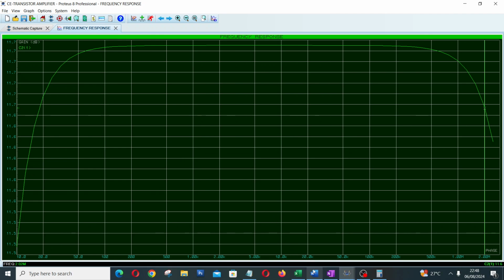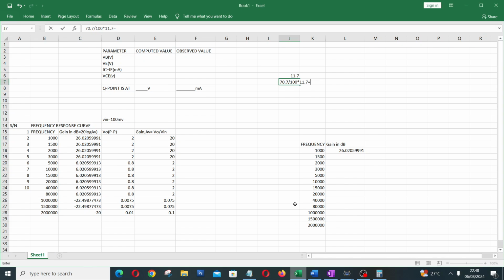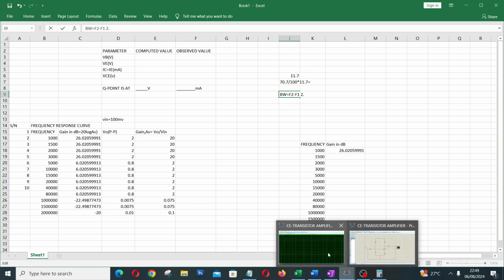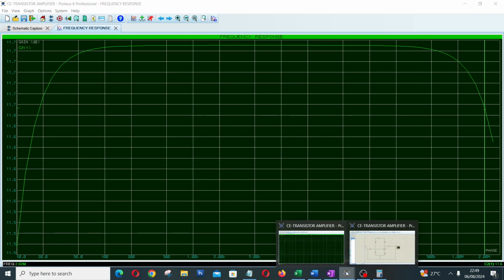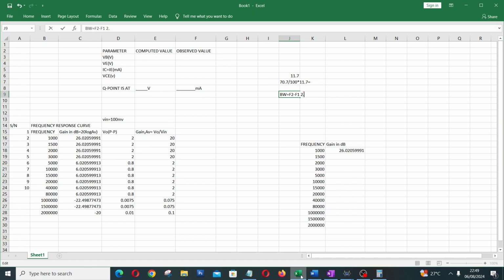So the bandwidth of this system will give you f2 minus f1. f2 is 2.02 megahertz, minus 18 point, I think 18.2.